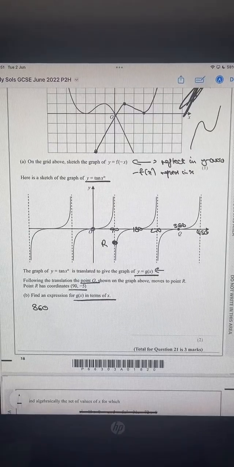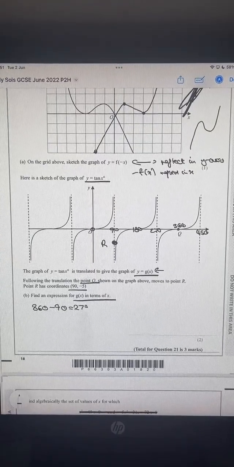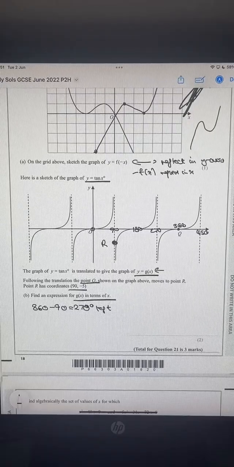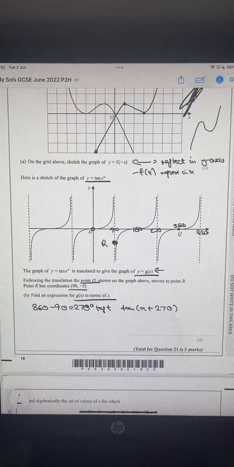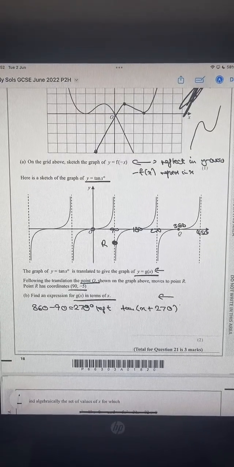So 360 minus 90 is equal to 270 degrees left. And it's a horizontal x translation, and x is illogical, it's weird. So if we're going left, we are doing tan of x plus 270. Because if we're going to the left, it's negative typically, but x is weird, so it's going to be positive, so plus 270. So that's the first part.